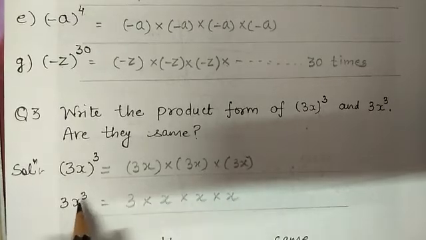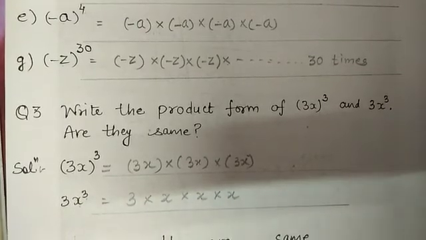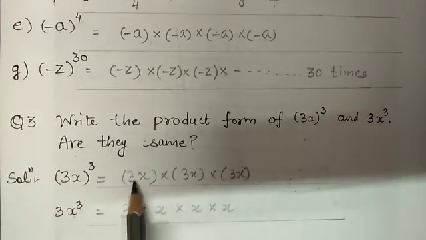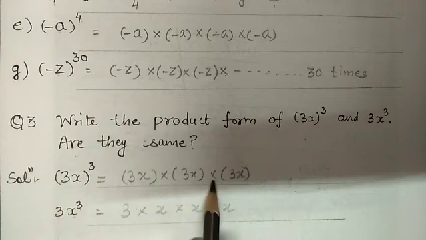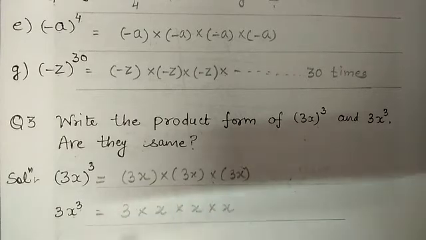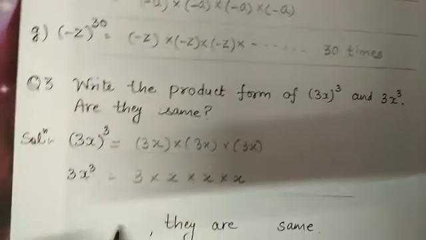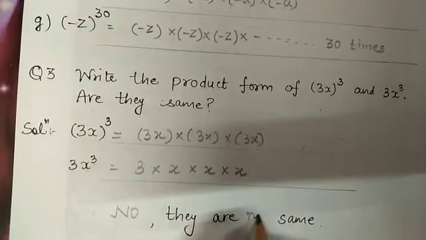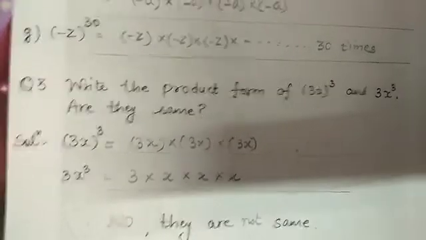Only x will be written 3 times. Then the question is, are they same? No. Clearly we can say the product is going to be different in both cases. So we will write here, no, they are not same.